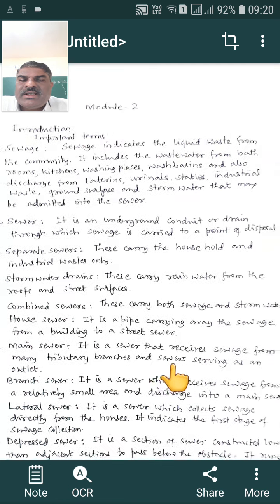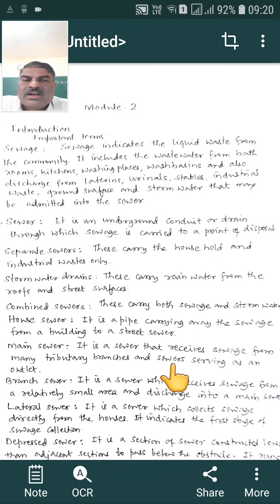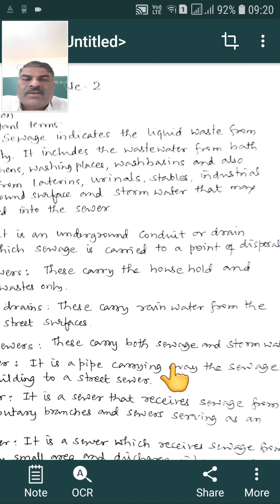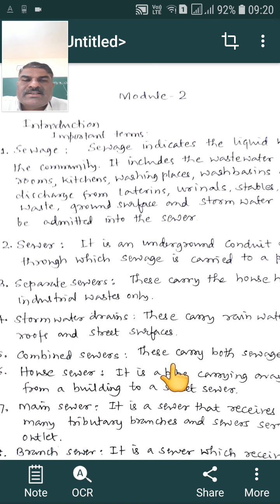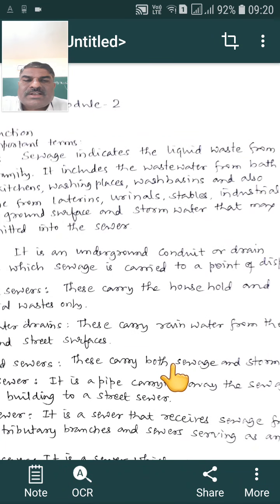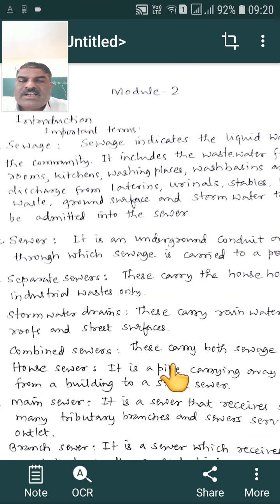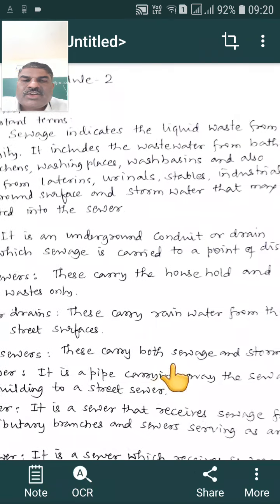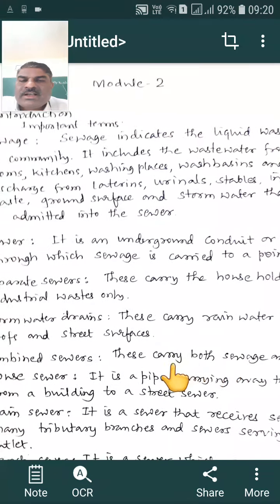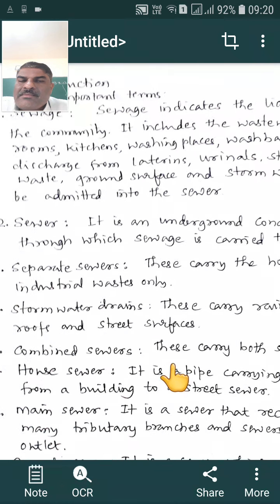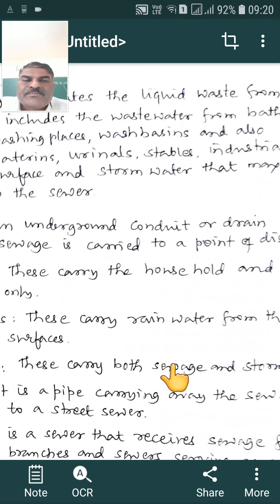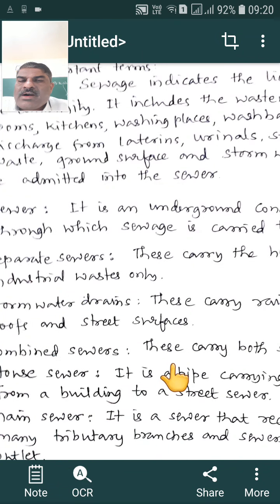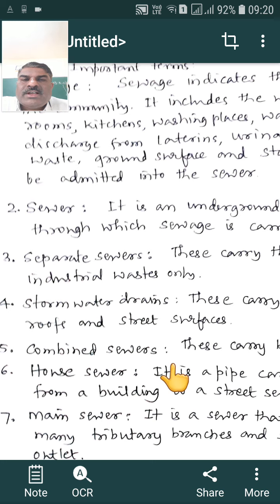This community will include the wastewater from bathrooms, kitchen, washing places, wash basins, and also discharge from latrines, urinals, stables, industrial waste, ground surface, and storm water that may be admitted into the sewer.